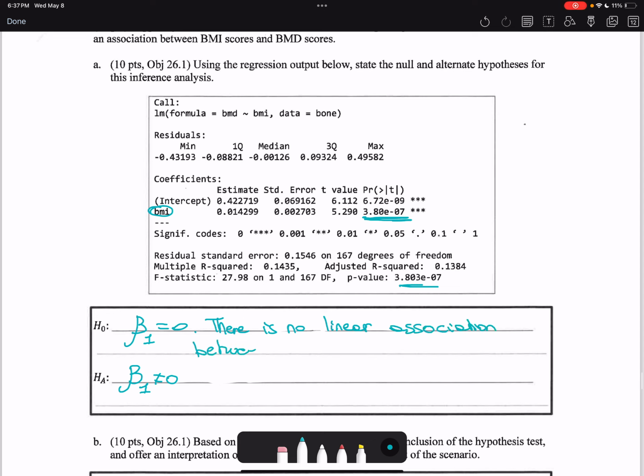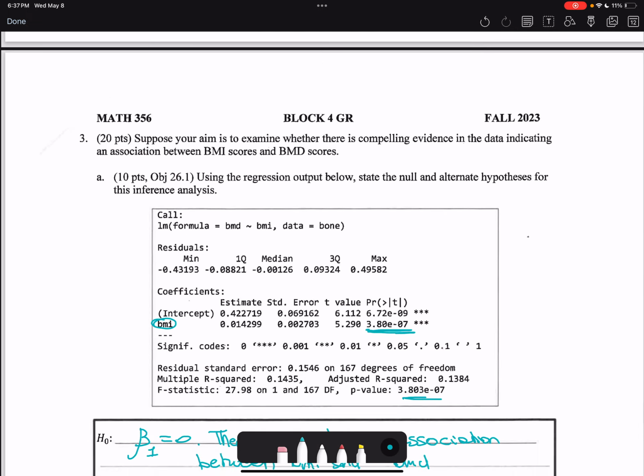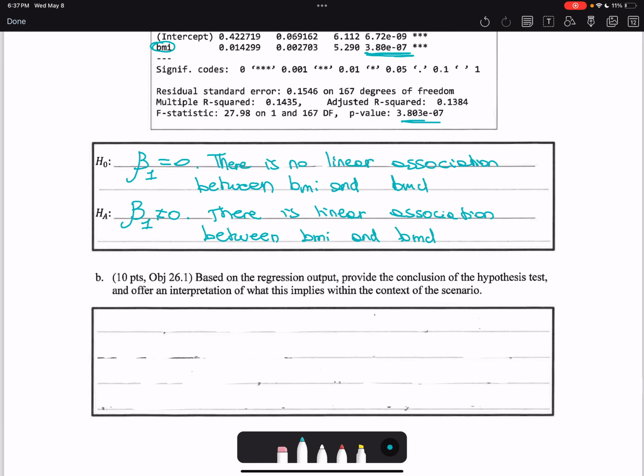And the alternative is there is a linear association between BMI and BMD, or in other words, there is a linear correlation, a positive correlation, or there is a correlation or not.